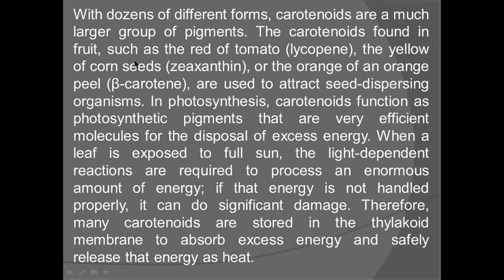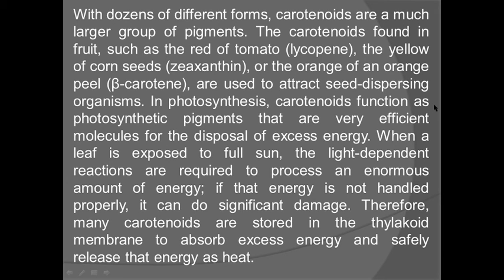The carotenoids found in fruits, such as the red of tomato, lycopene, the yellow of corn seeds, zeaxanthin, or the orange of an orange peel, beta carotene, are used to attract seed dispersing organisms, also known as various pollinating agents.